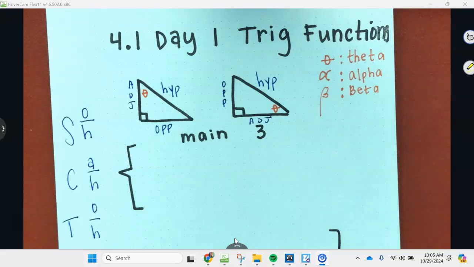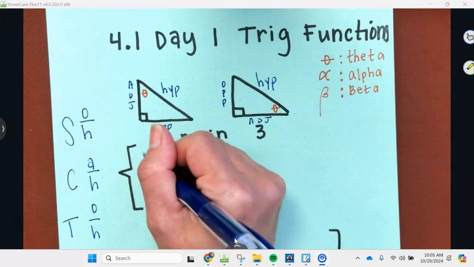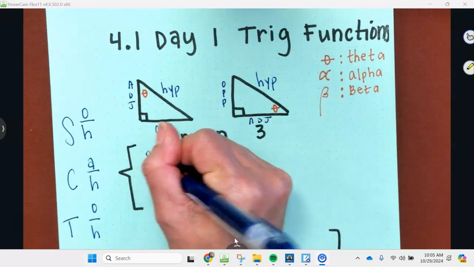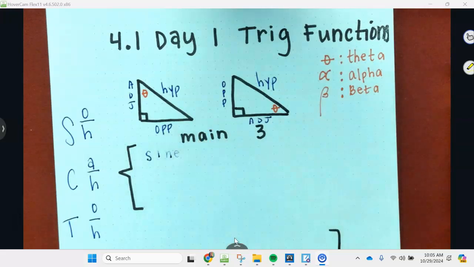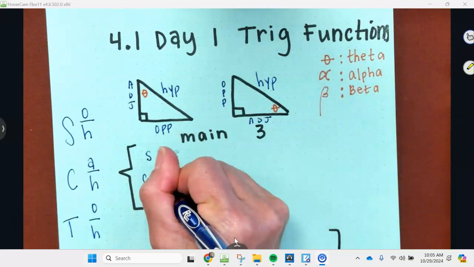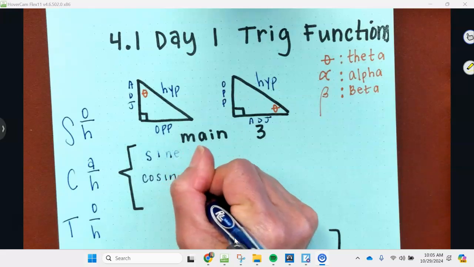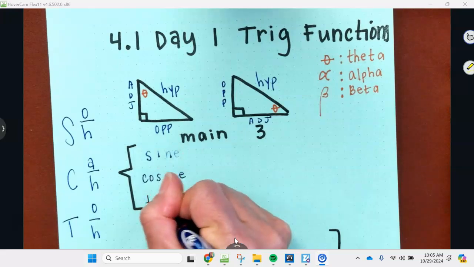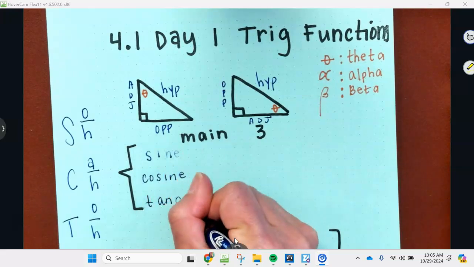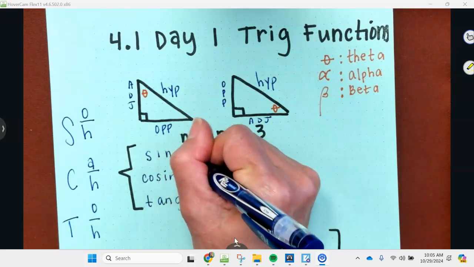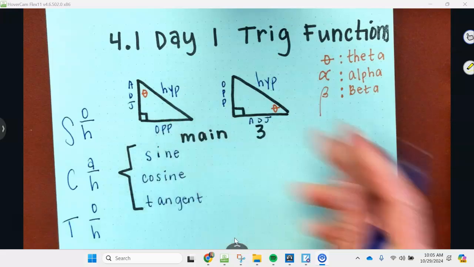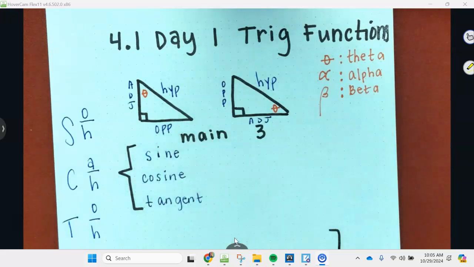So that's just a quick review over adjacent and opposite. Now let's talk about the main three. I'm going to write them out in their formal names: sine, cosine, and tangent. These are their formal names, and you'll see them printed like this on tests and quizzes and directions.